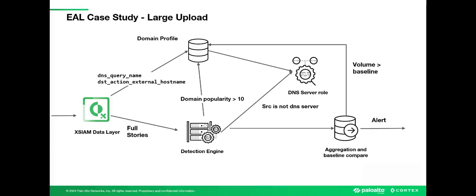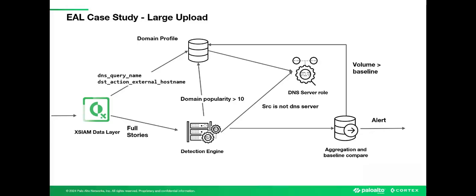So it exceeds the baseline, right? Because it exceeded the baseline, then an alert is triggered. Okay, so that's why EAL is very important. It will provide deep information, right? Deep details about the network activities.